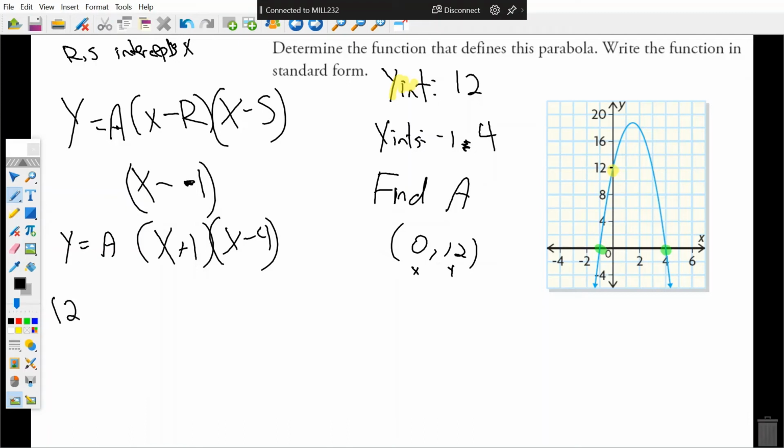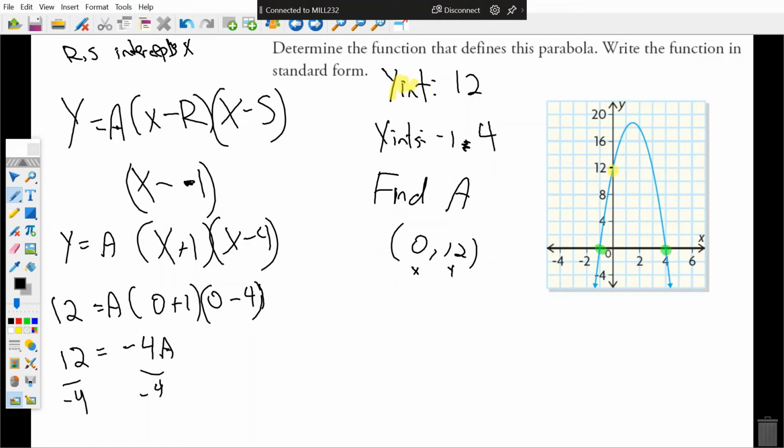So I put a 12 in for y equals a times 0 plus 1 times 0 minus 4. 0 plus 1 is 1. 0 minus 4 is negative 4. 1 times negative 4 is negative 4a. Then we divide both sides by negative 4. A equals negative 3.